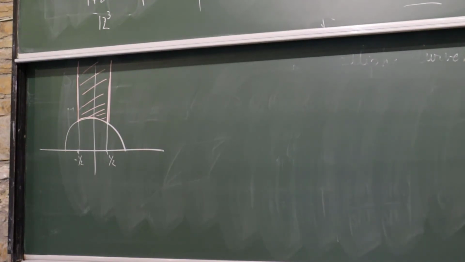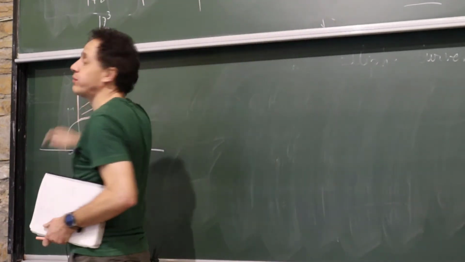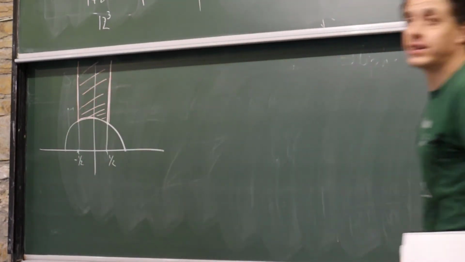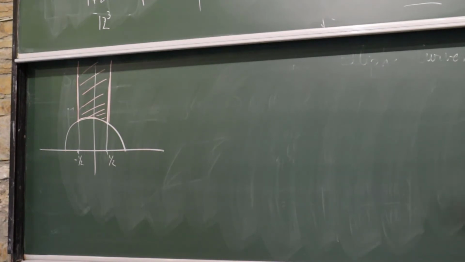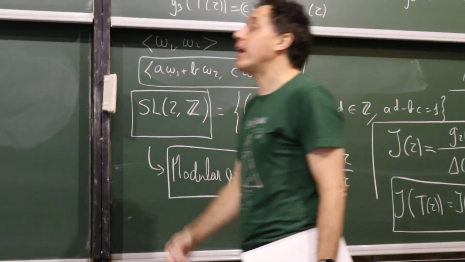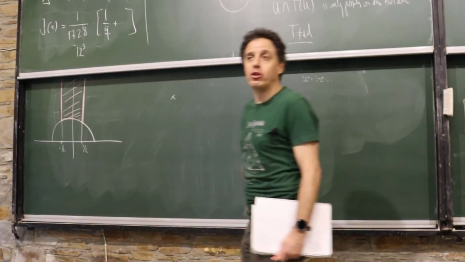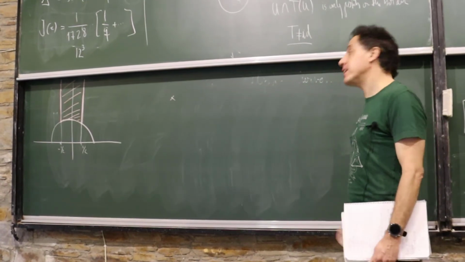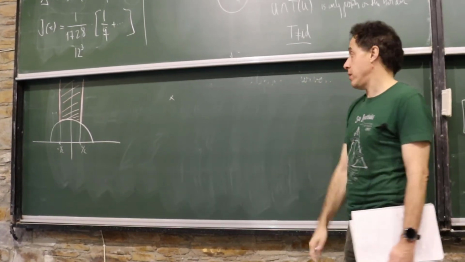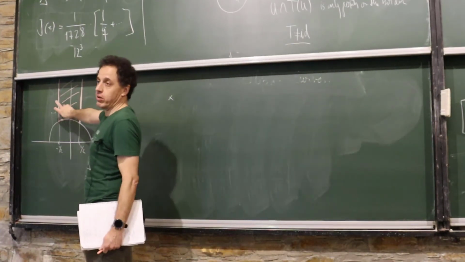So you can see that no two different elements of this red set can be the image of one another by a modular transformation, and if you take any element of C, it can be taken by some, in fact by only one, element of the modular group into one element here.